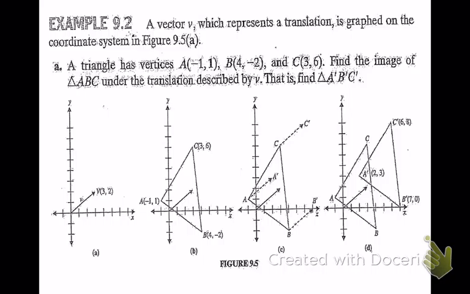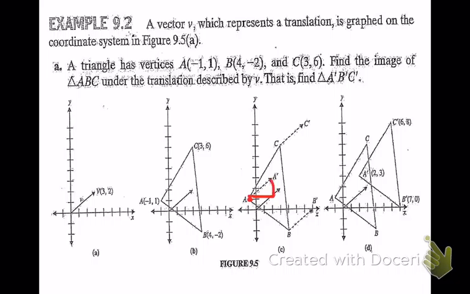So to find the image, A prime, B prime, C prime, I apply that vector to each vertex. Right? So we go from point A here. When we start at A, we go over 3 and up 2.